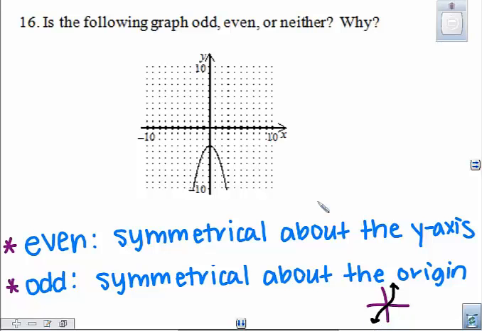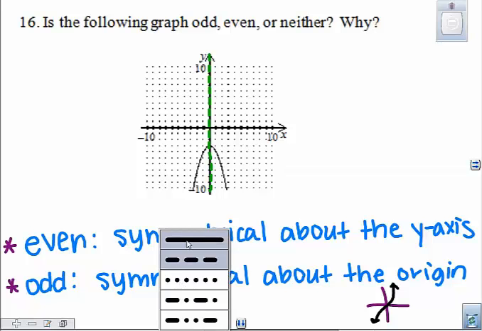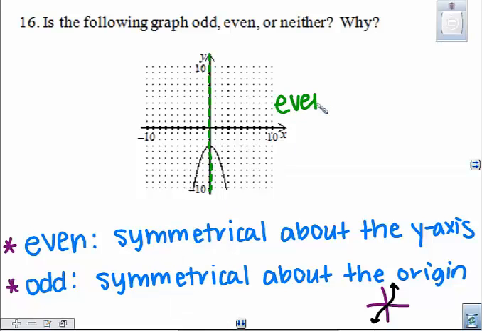Okay, so this one in number 16, its line of symmetry is the y-axis. So this one is even. And why? Because it's symmetrical about the y-axis.